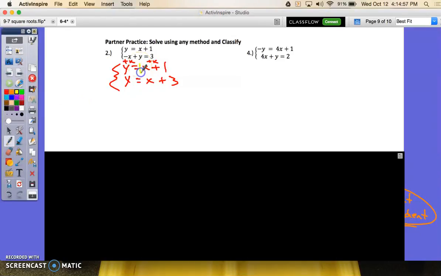You got it. Parallel lines. We have a slope of 1. Therefore, oops, sorry, that yellow might be tough to see. Therefore, let me write a different color here. Therefore, this is no solution, and it would be classified as inconsistent.